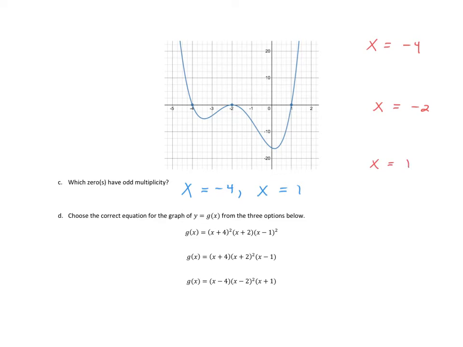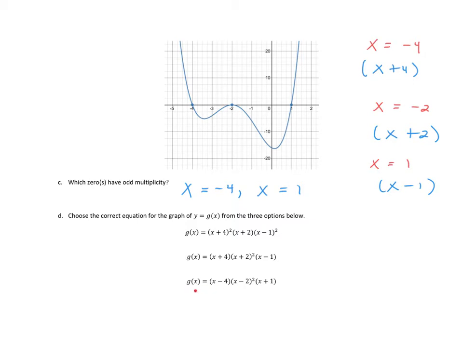The factors that would have to appear in the equation are x plus 4, x plus 2, and x minus 1. The reason these are zeros is because if you put them into the factor, it makes the factor equal 0. So like if you put -4 here, the factor becomes 0. -2 makes this factor 0, and 1 will give us 0 in this factor.